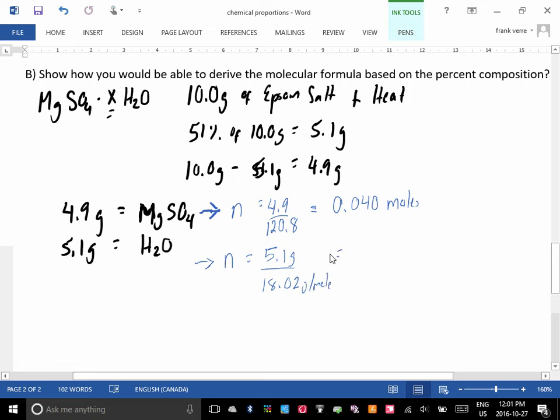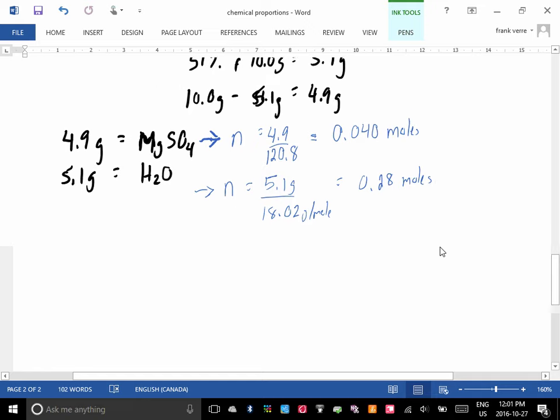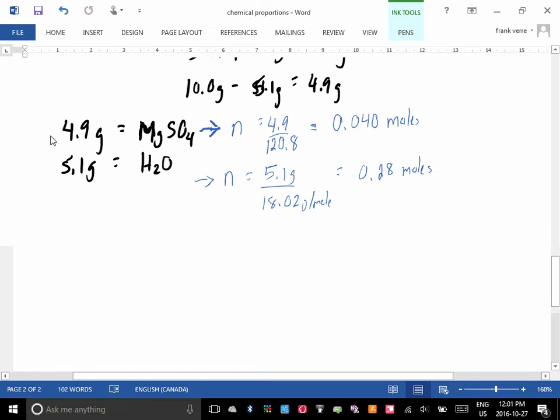So how many moles would 5.1 grams represent? 0.28 moles. So we have 4.9 grams of magnesium sulfate, which is 0.040 moles, and 5.1 grams of water, which is 0.28 moles.